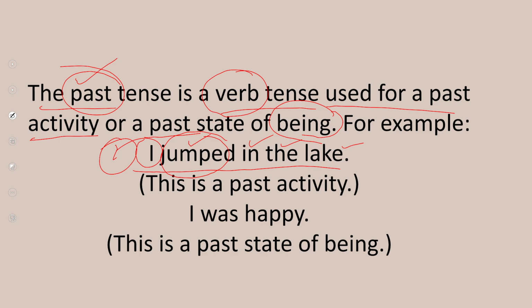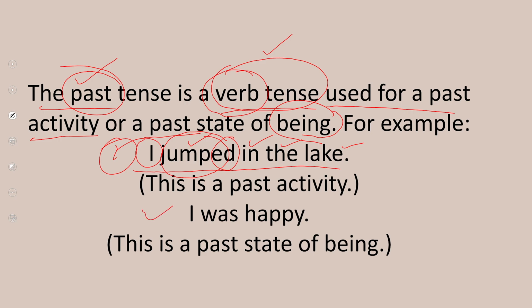But did you notice that we added ed with it? Why? Because we are talking about the past. We are not talking about something that is happening currently or is about to happen. We are talking about the past. So you must change the verb tense that we have mentioned in the definition.